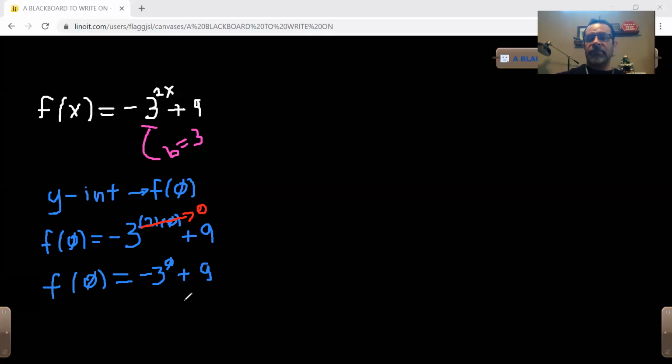Because of the laws of the exponents, I know that 3, or whatever number b, elevated to the 0 is equal to 1. In this case, 3 elevated to the 0 is equal to 1.